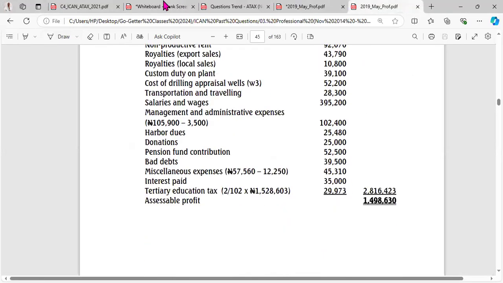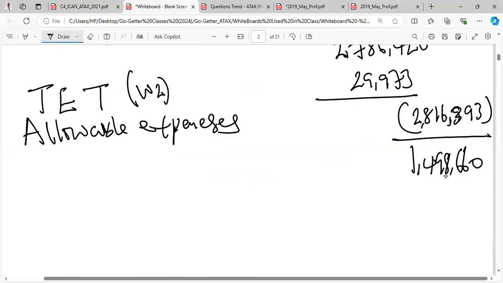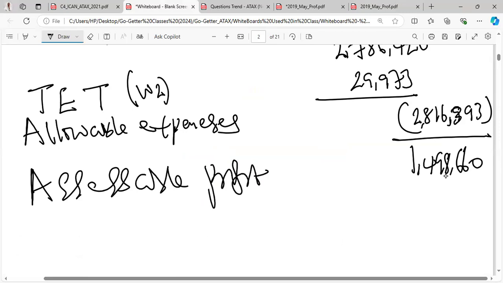Well, I will not be bothered by 30 naira, with 30,000. So this is what I have here as my allowable expenses. No, as my assessable profit. So your assessable profit is your A part. Your A is assessable profit.